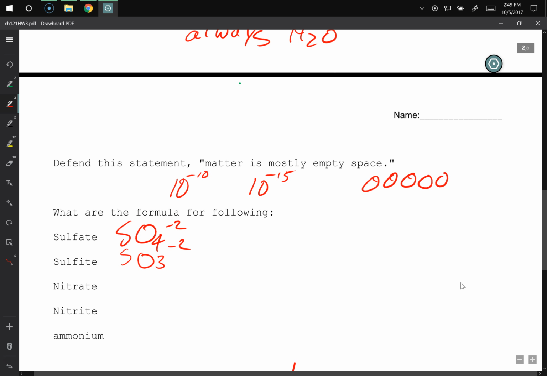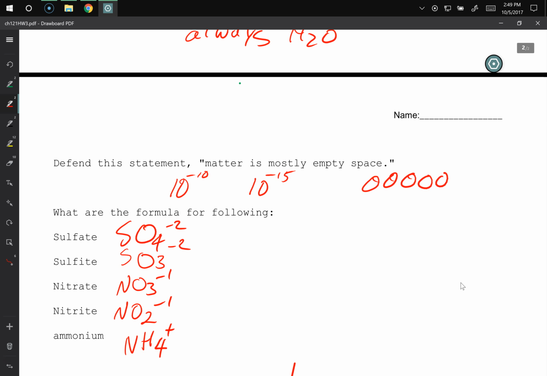How about the nitrate? A nitrogen, 3 oxygens and a minus 1 charge. And the nitrite? A nitrogen, 2 oxygens and a negative 1 charge. And the ammonium? Nitrogen, 4 hydrogens and a plus 1 charge. Yep.